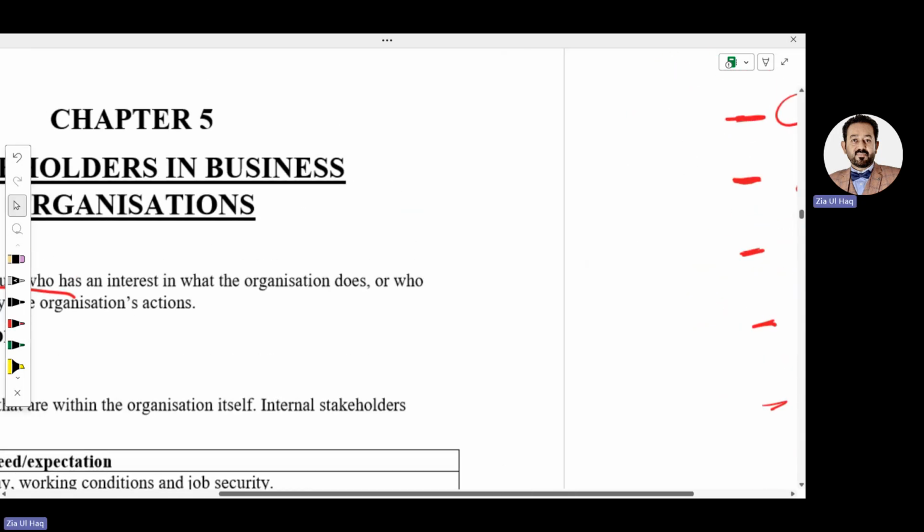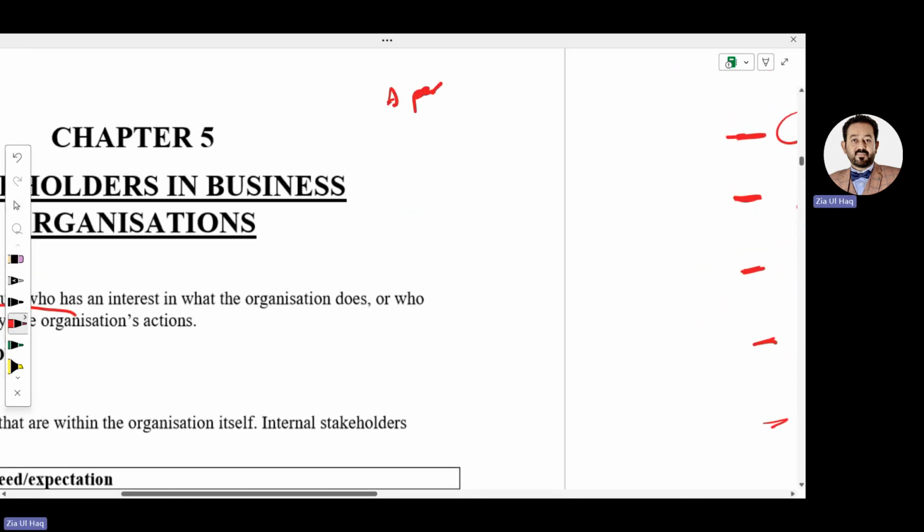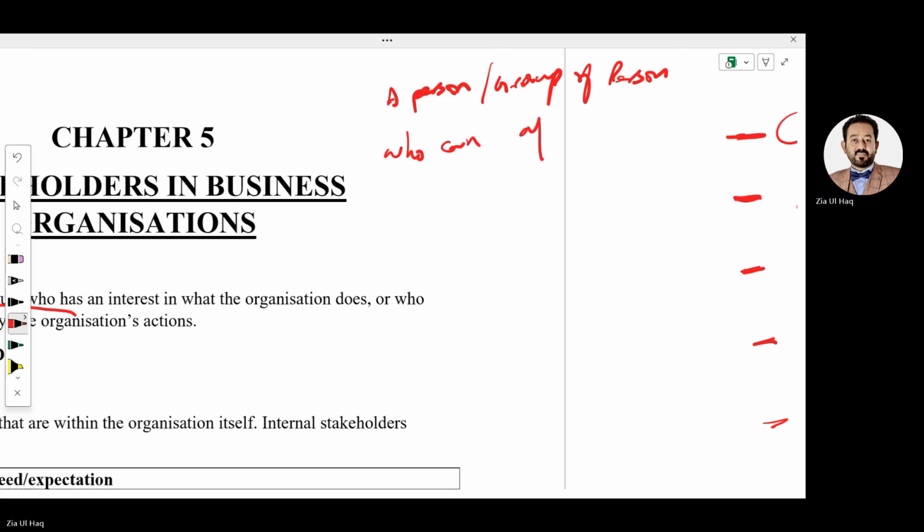If we define it, a person or group of persons who can affect or be affected by the organization are called its stakeholders.